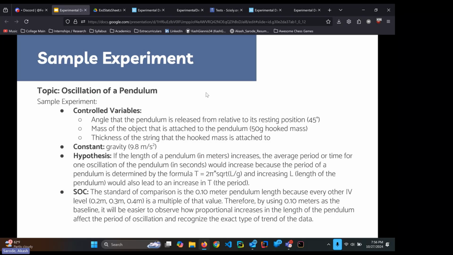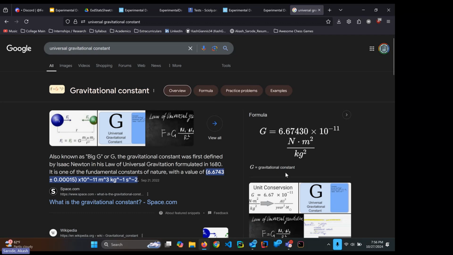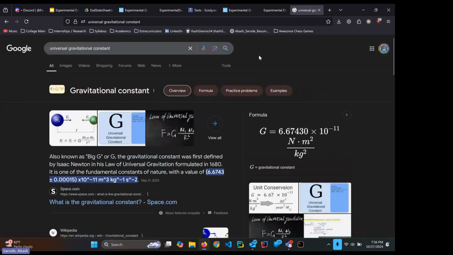For a physics experiment, what would be another good constant to use apart from gravity? That's a good question. Some other good constants. I know in physics class they told me about the universal gravitational constant, and I guess that is also related to gravity, but that's something else you could think of.